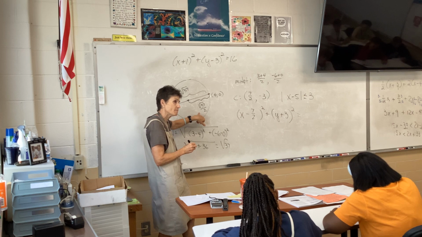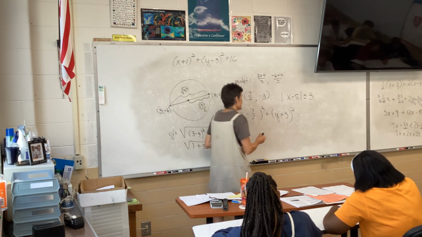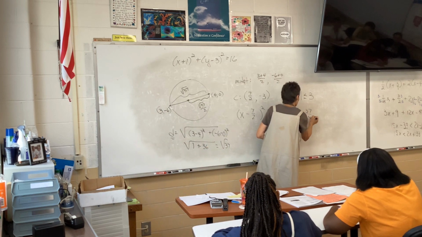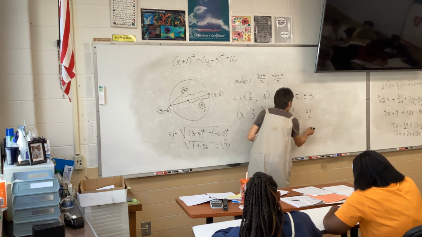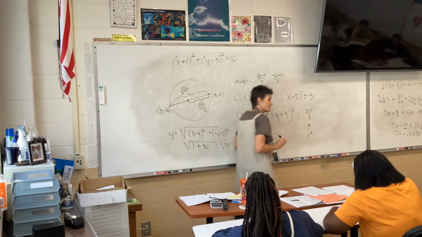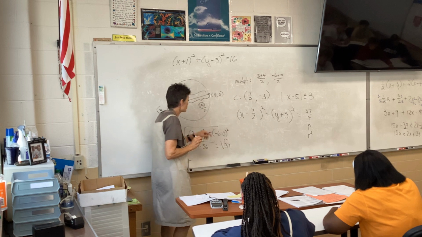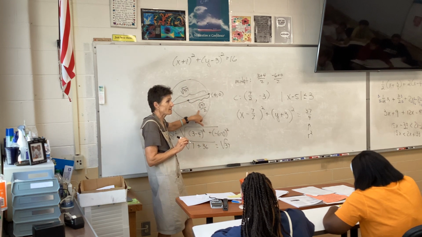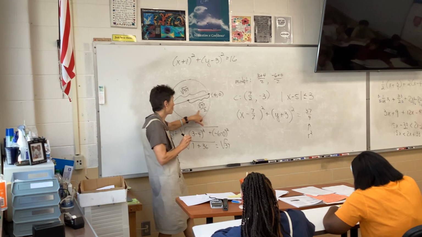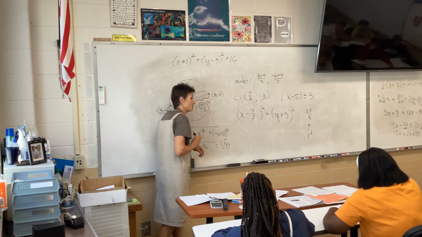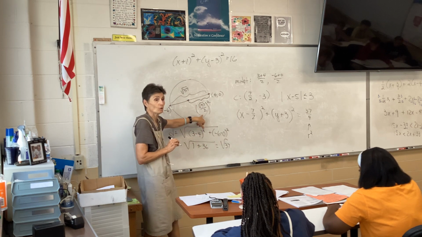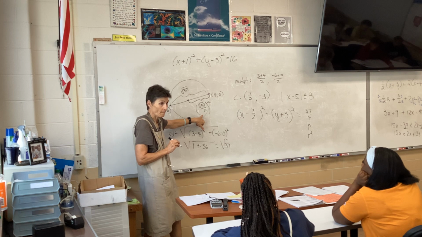Meg? 37 over 4. Perfect, 37 over 4. Because this number, when you write your equation, is r squared. So our radius was the square root of 37 over 2. So when I square that, I get 37 over 4.